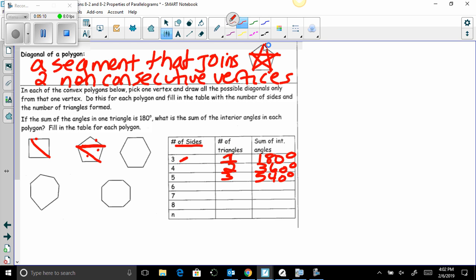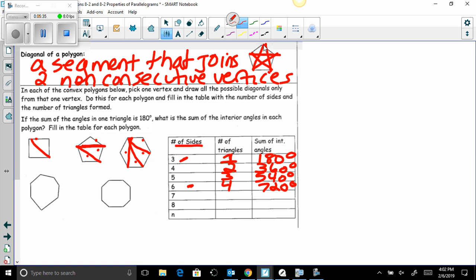In this 6-sided figure, how many can I make there? If I draw a diagonal from the same vertex, I'd get one there, and one there, and one right there. So I have 1, 2, 3, 4. And 4 times 180 means the sum of the interior angles on a 6-sided figure is going to be 720 degrees.